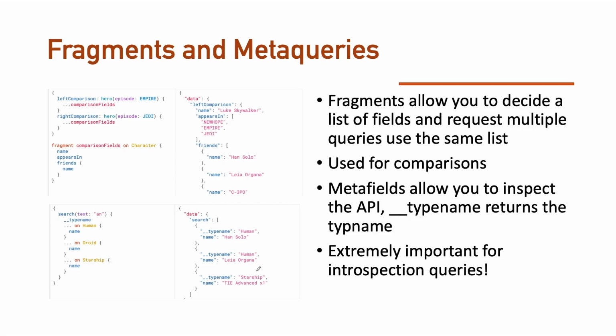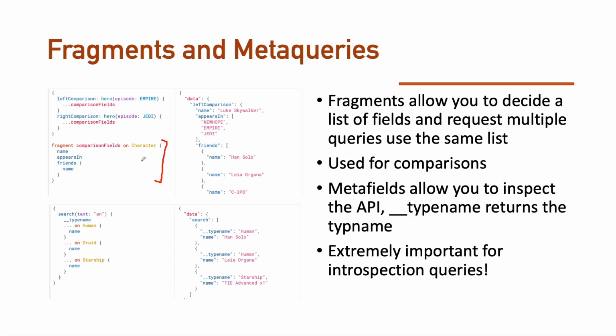So then you've got fragments and meta queries. One of the really nice things about GraphQL, and what separates it from everything else, is how flexible it can be for developers. A fragment allows you to decide a list of fields and use that in multiple places.